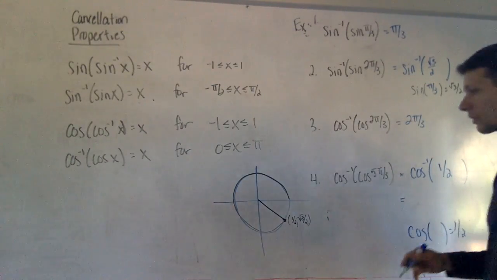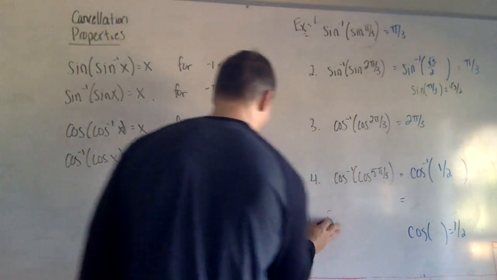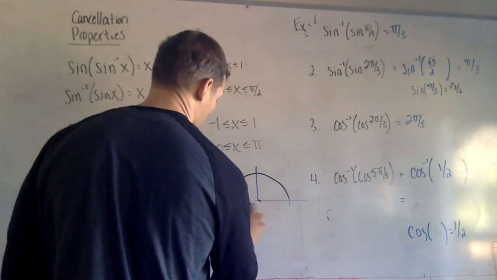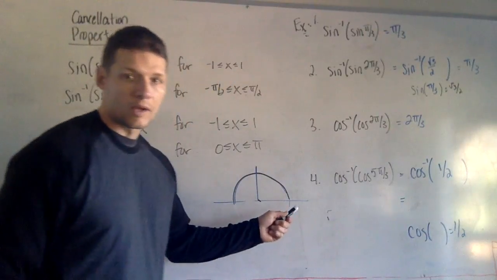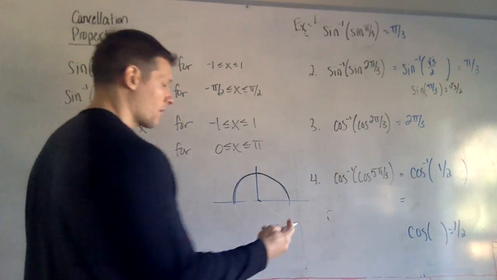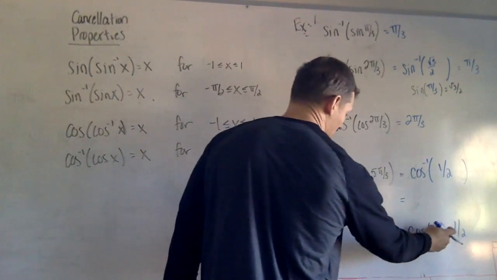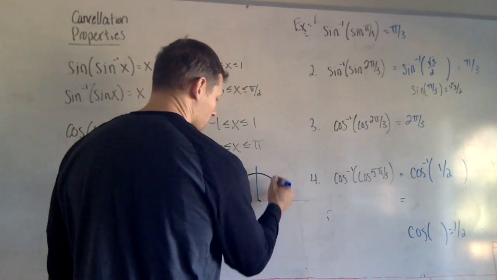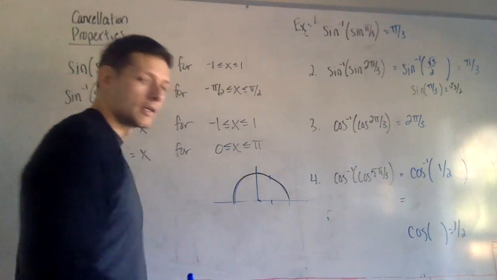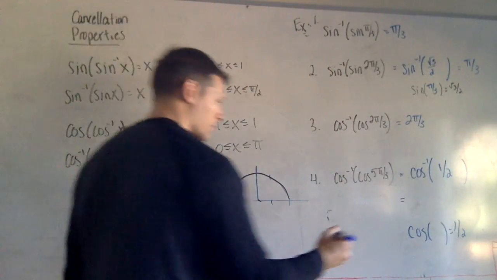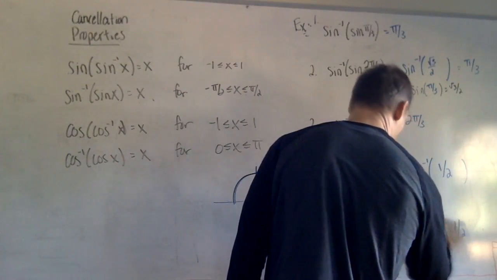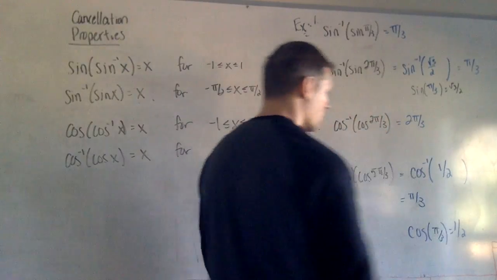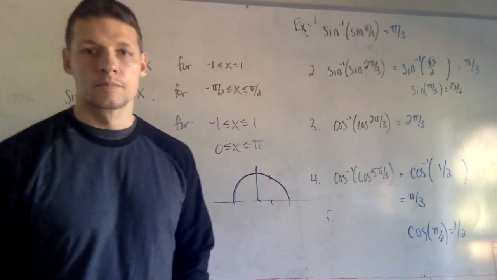Again, in cosine inverse we only talk about values between 0 and pi. So for what value can I put in here so that cosine of it equals 1/2? The x-coordinate equals 1/2. That turns out to be pi over 3, right? So this is pi over 3, hence this is pi over 3. Okay? Good.